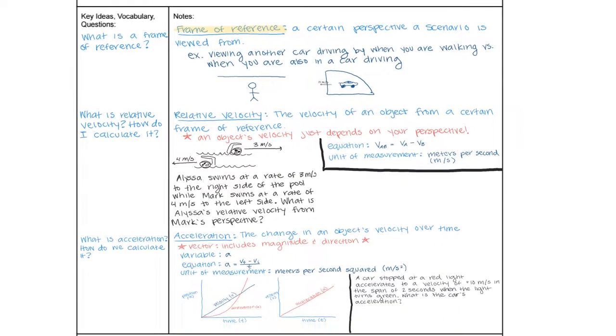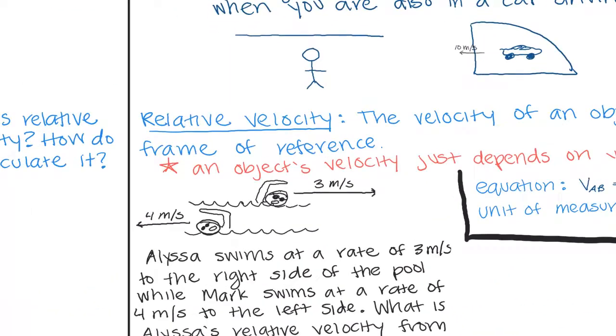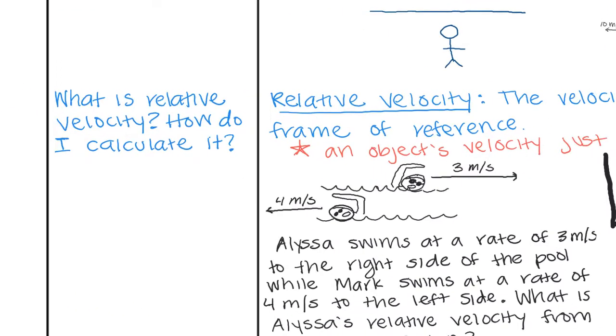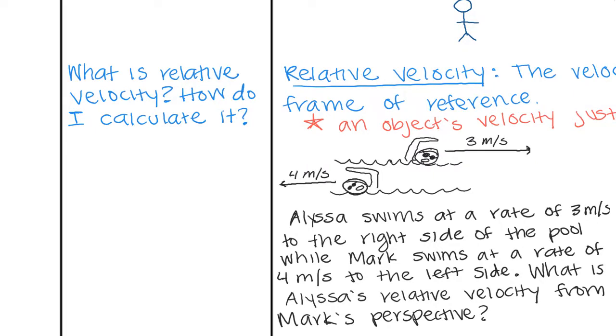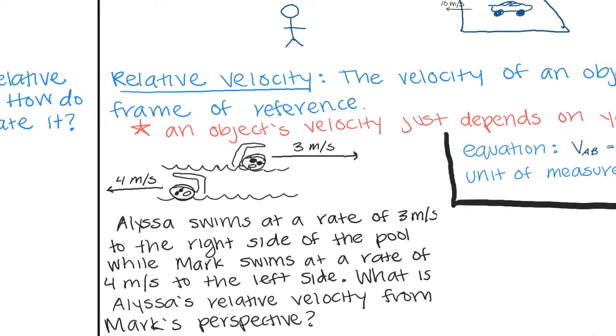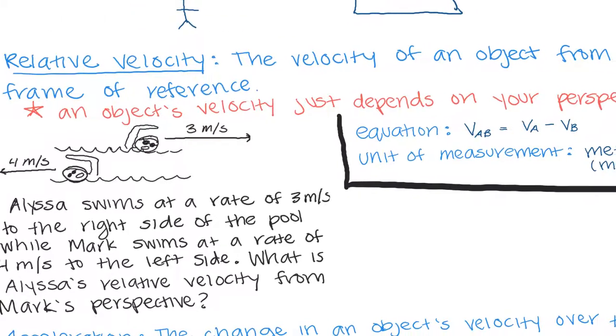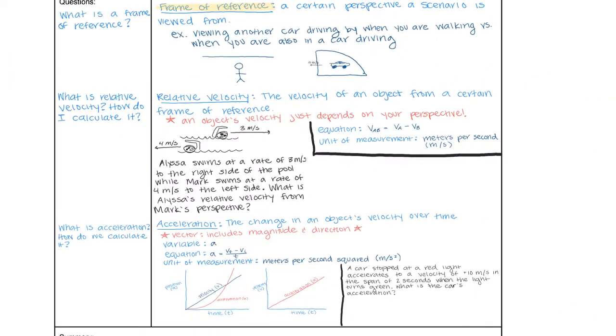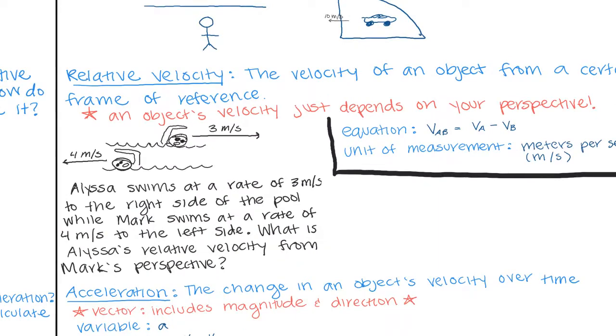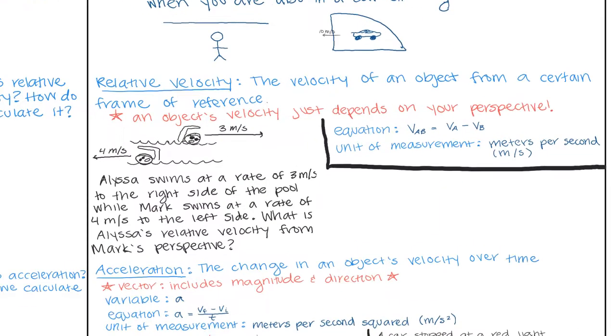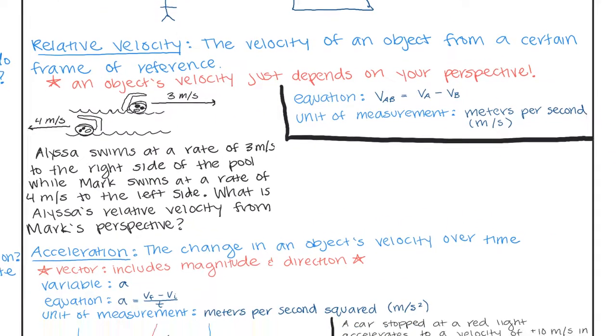All right. So we can use these frames of reference to talk about relative velocity. So our second chapter of our notes that we are getting into today is what is relative velocity. So I'm going to move over, zoom out a little bit so you all can see. All right.